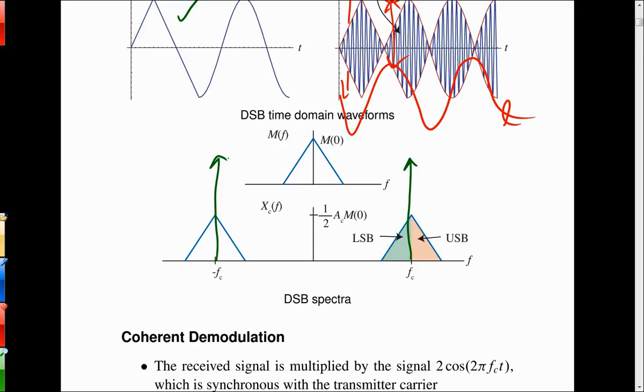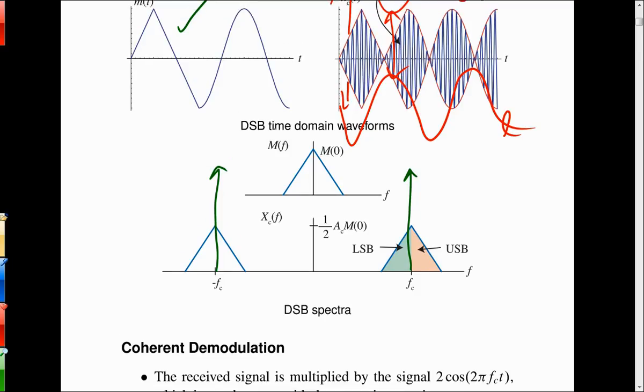So it's just allowing the envelope to now be separated at the expense of adding in all of that carrier power.